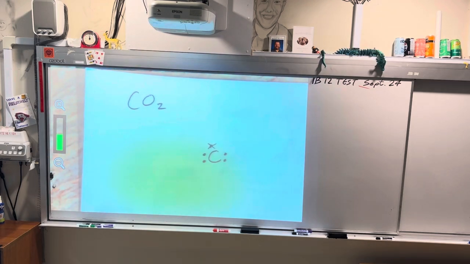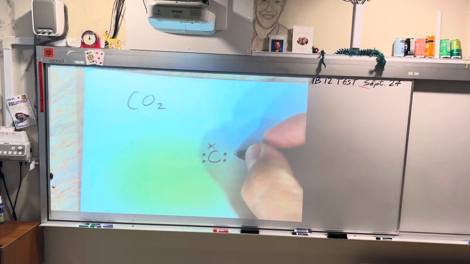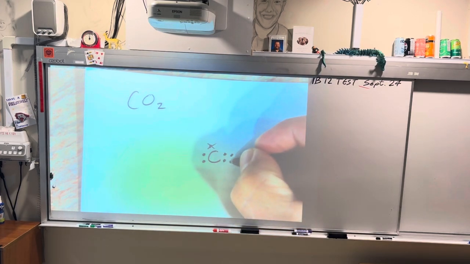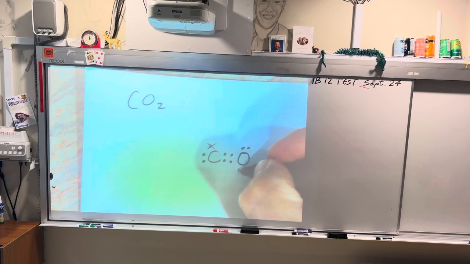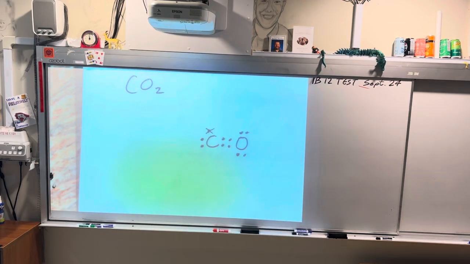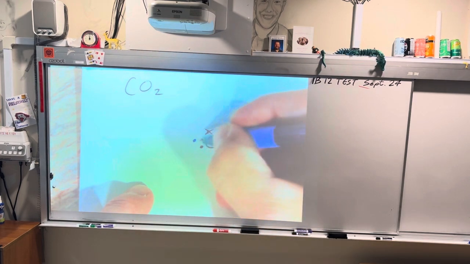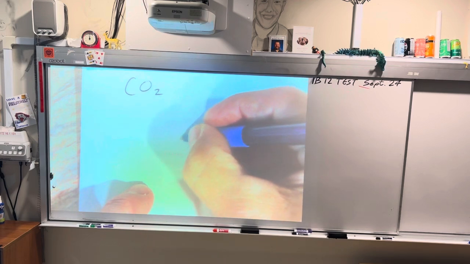So there's 2 oxygens, and the oxygen comes up to the carbon and says, hey, I need 2 electrons. I'll do this one in a different color so you can see what's what.